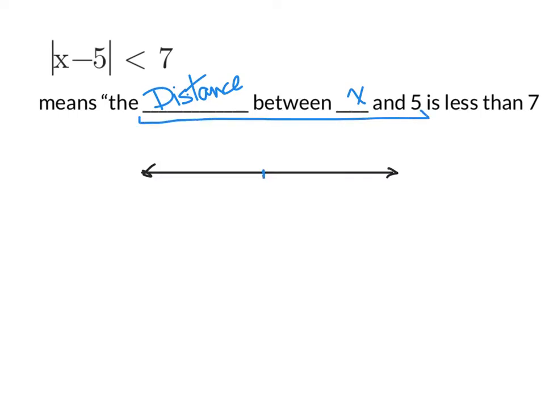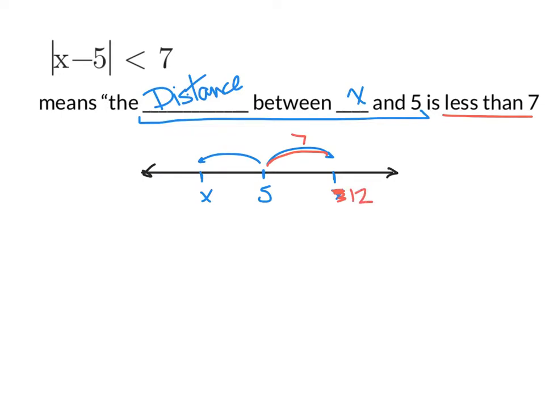That means if we found 5, we could either go out this far or this far and find our two x's. All right? Well, what should that distance be? It has to be less than 7. So we're going to go less than 7 units away. So if I went out here 7 units, 5 plus 7, that would make this number 12.